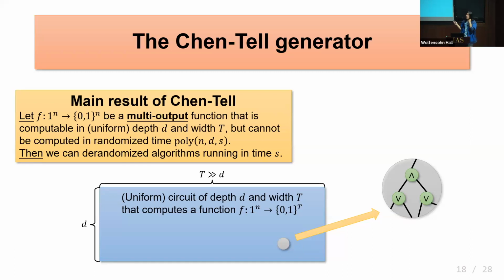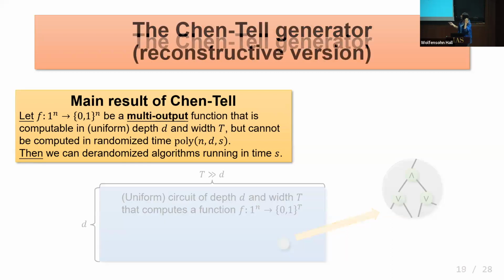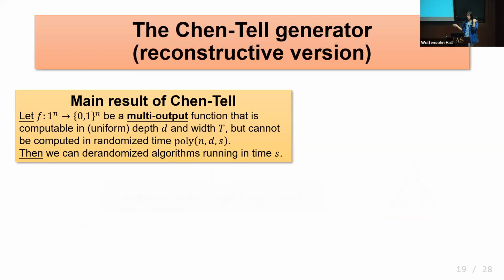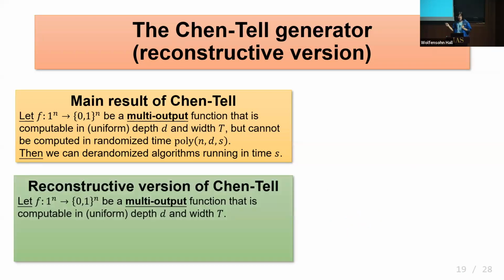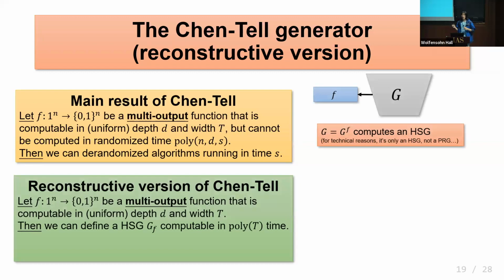Actually, I think it's better to look at the generators in a reconstructive way, so let me rephrase the result in the reconstructive way. This is how the Chen-Tell result was proved. Let f be a multi-output function that is computable in low depth. Now we are not saying f is hard in any sense, but we can always build a hitting set generator from f in poly(T) time.